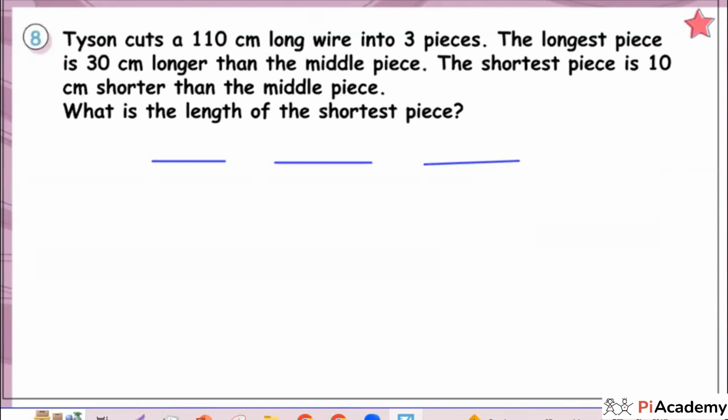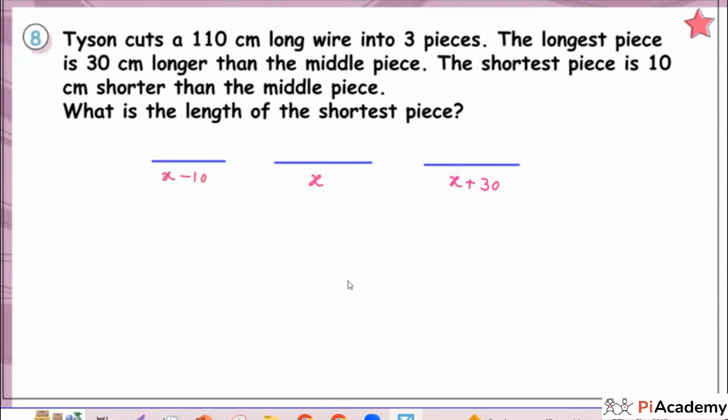Next, the longest piece is 30 centimeters longer than the middle piece, right? So I am considering this one is my longest, and this is my middle one. For the middle one I am taking x, so the longest one becomes x plus 30, and the shortest piece is 10 centimeters shorter than the middle. It means x minus 10.